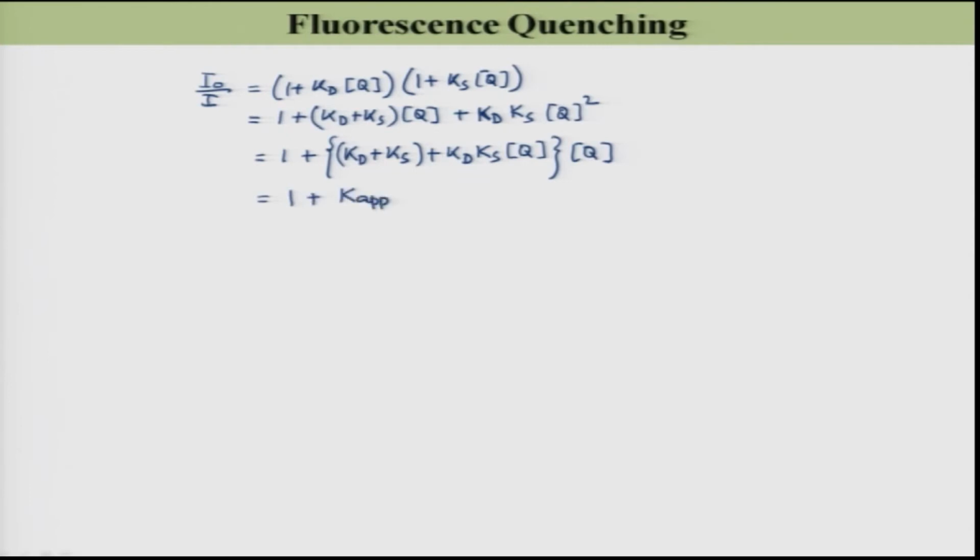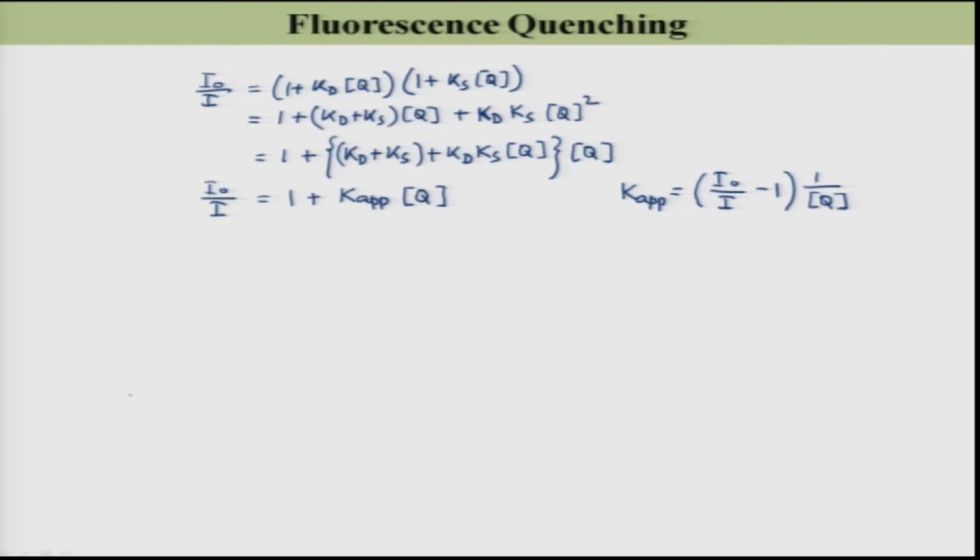1 plus K apparent into Q. So, you see I got this equation I0 by I equal to 1 plus K apparent into Q, and here the K apparent, I can write, is equal to I0 by I minus 1 into 1 over the concentration of the quencher, right.